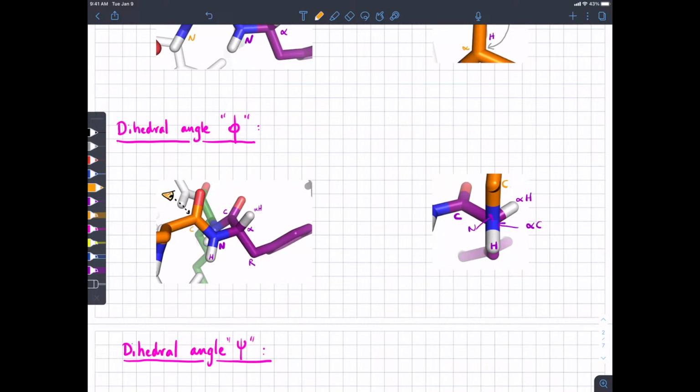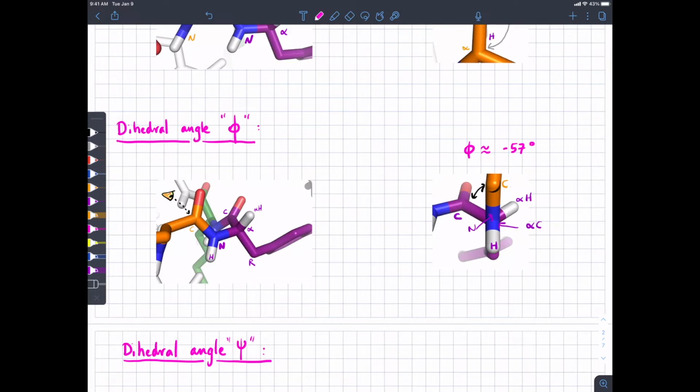The relevant dihedral angle here is going to be between these two carbonyl carbons. That's the angle phi. And in an alpha helix, that angle tends to be around minus 57 degrees. There is a sign convention, by the way, but you don't need to know it.